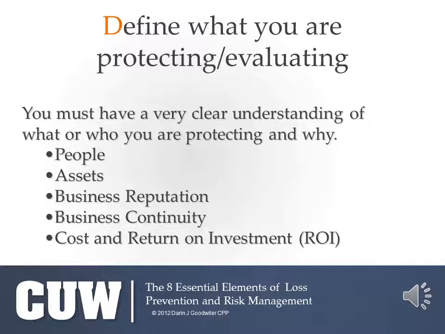So you need to really develop an exhaustive list of potential targets that need protecting. So things such as employees or a certain person, assets, business reputation, business continuity, stock price, cost and return on investment, intellectual property, any number of things, and any number of things within those should be developed as an exhaustive list, so you have a very clear understanding of what it is that you need to protect.